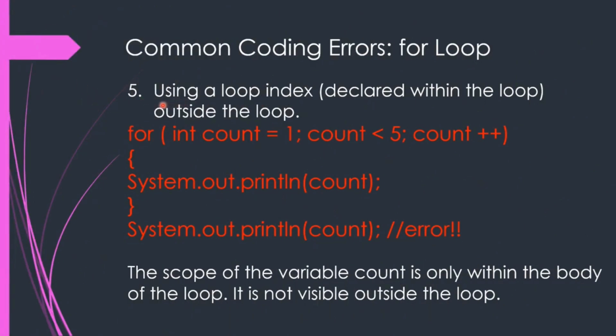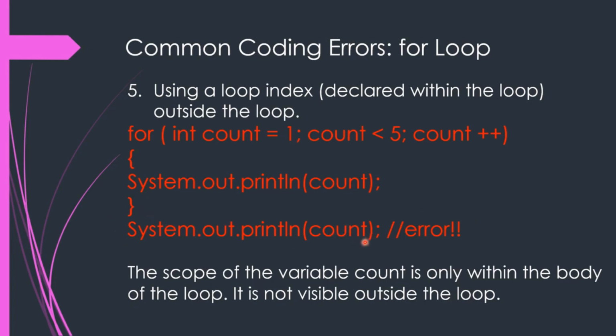Now the last is using a loop index declared within the loop outside the loop. The scope of the variable count is only within the body of the loop. It is not visible outside the loop. Here you can see that we have written a statement outside the curly braces, but it will be an error. Why?